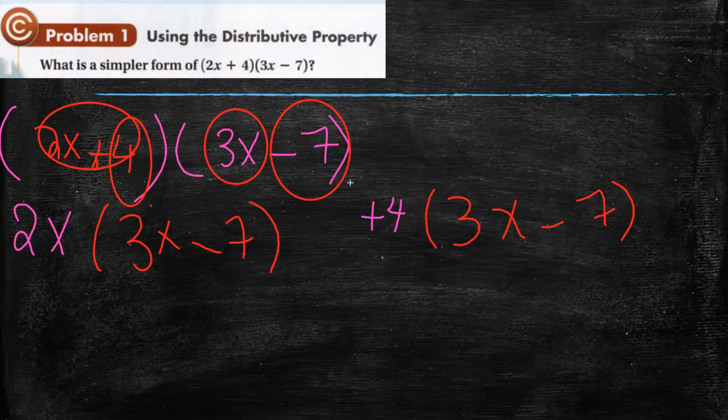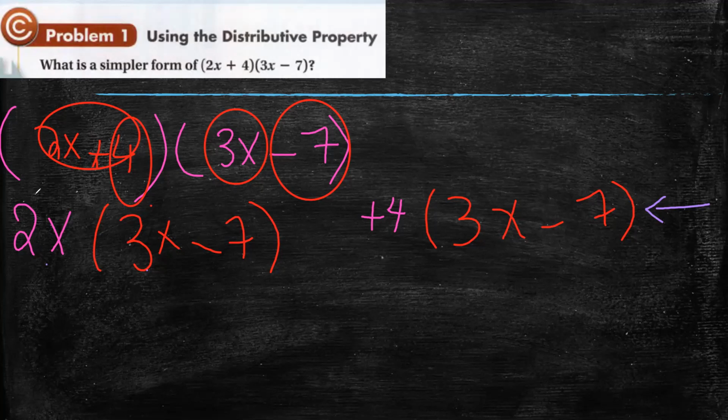Then look at the second one here. Now we have a monomial multiplied by a binomial, so we do as we did in the previous lesson. We multiply 2x with 3x, then 2x with negative 7.